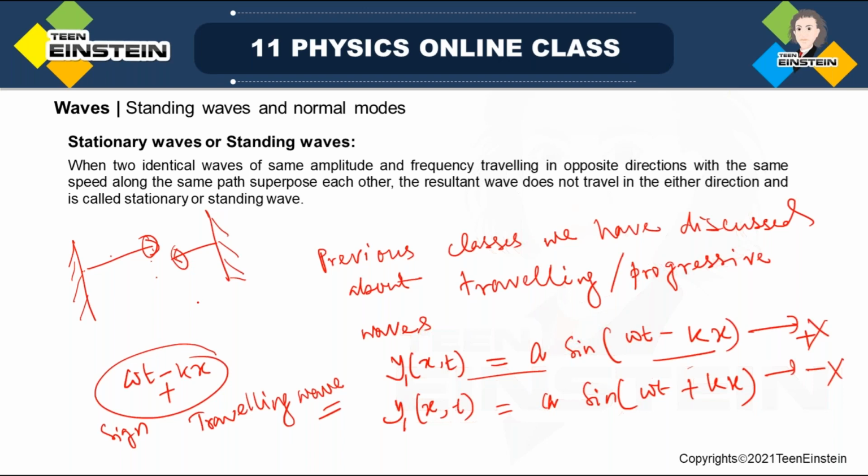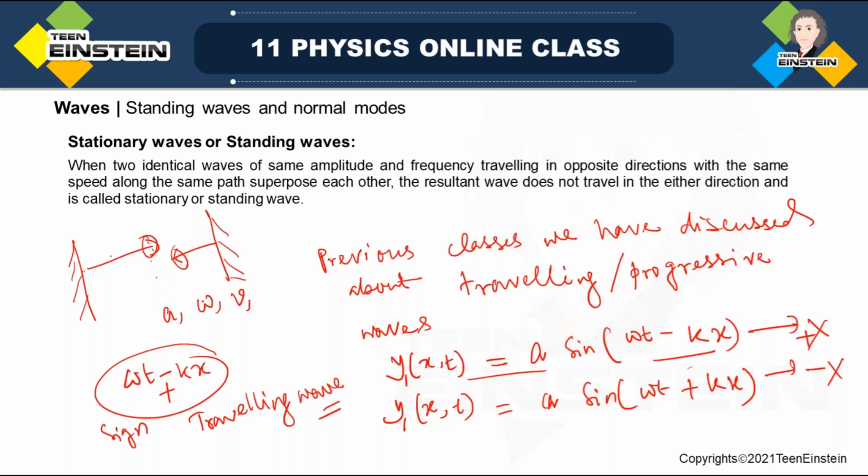Identical in the sense that they have the same angular frequency, the same speed, and they are moving in the same medium. Obviously they have the same amplitude, because it is just a reflection. Only the direction is different. Such two waves, if they interfere or superpose, will produce a standing wave.